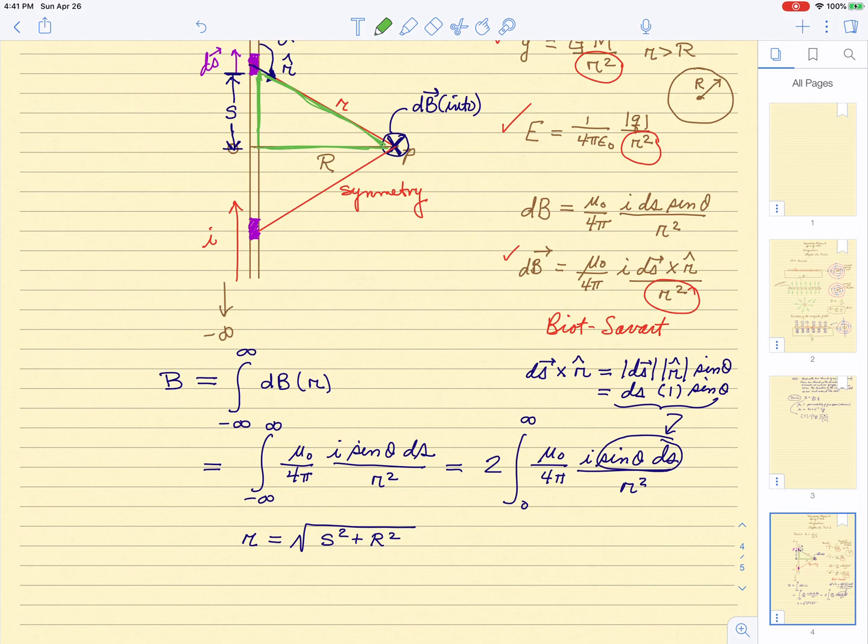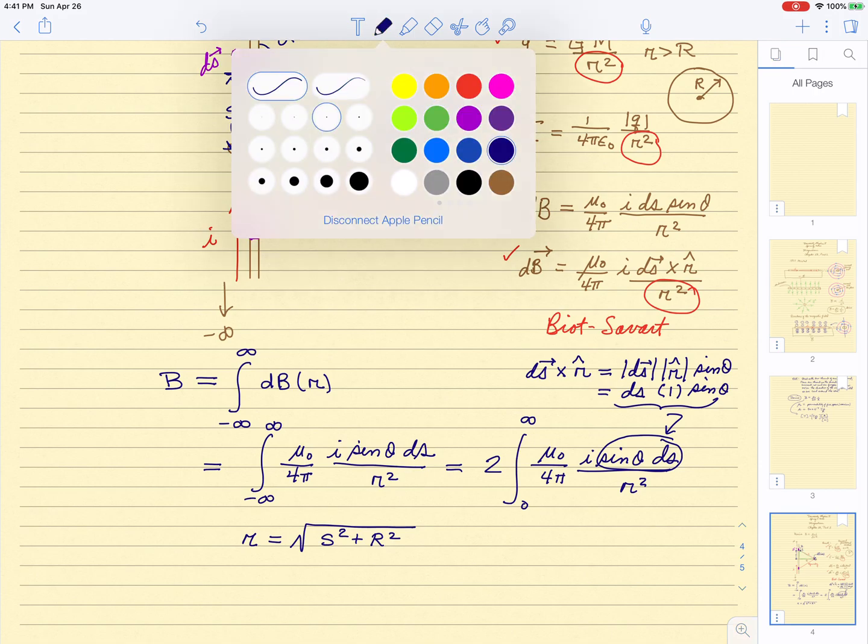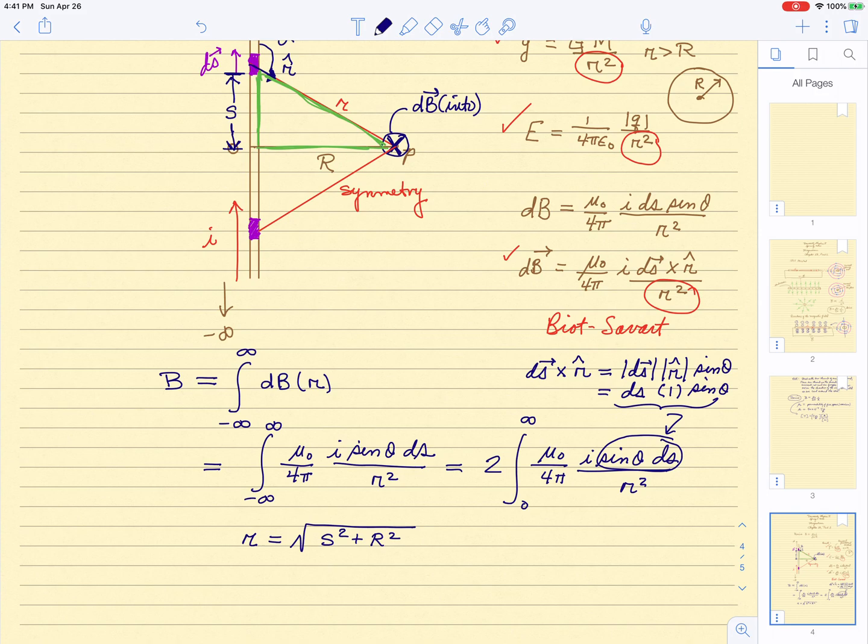And we know that sine of theta is going to be the sine of pi minus theta.